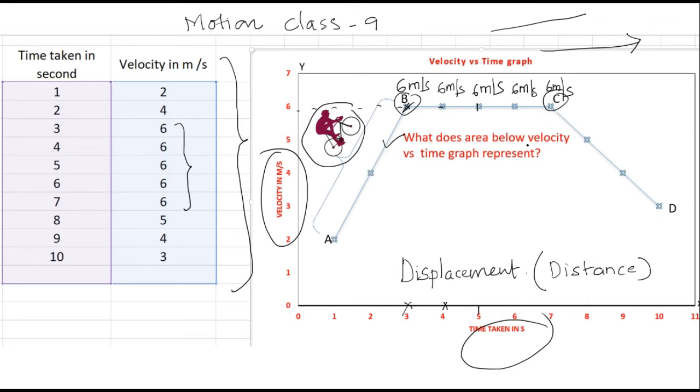And here I want to make one more point very clear. If you take this as a motion, you see there is a change in velocity. And how much change? From 2 meter per second to 4 meter per second in the first second, right? That is 2 meter per second change. Then again from here to here 2 meter per second change.